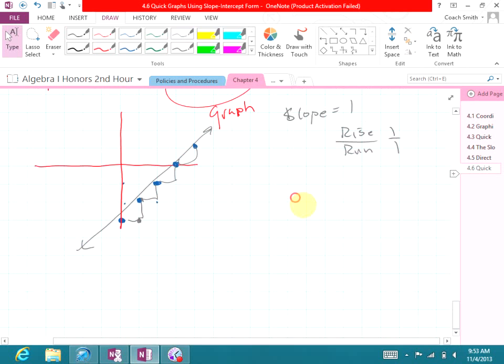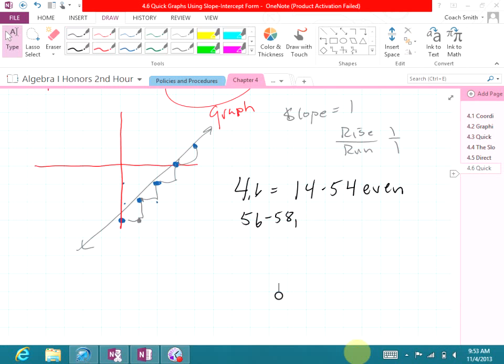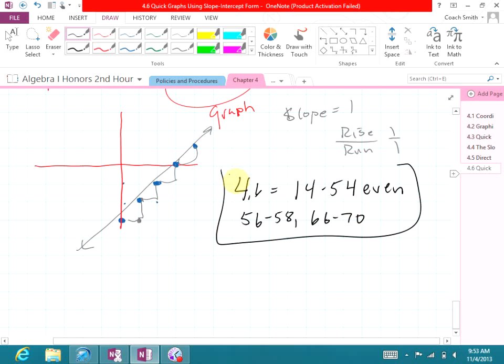Your homework is this: 4.6, 14 through 54 even, and then 56 through 58, and 66 through 70. It's actually like 26 problems. No. Half of them you don't have to graph. You may go.